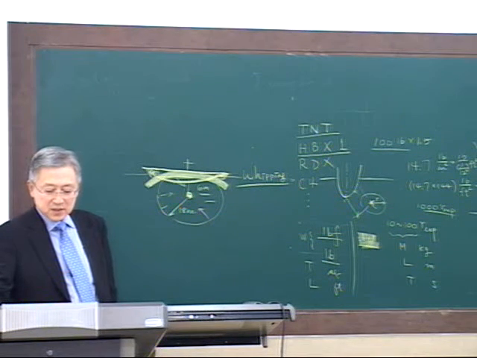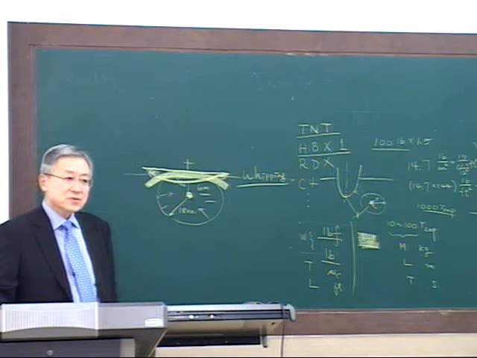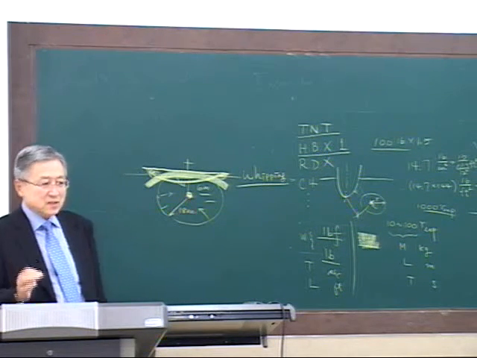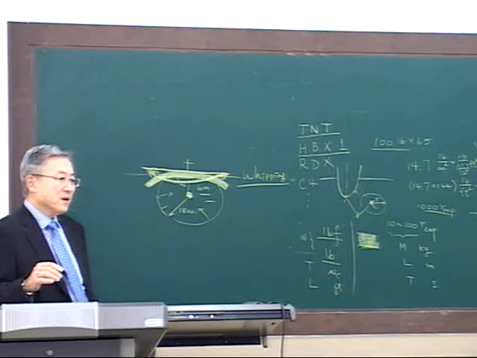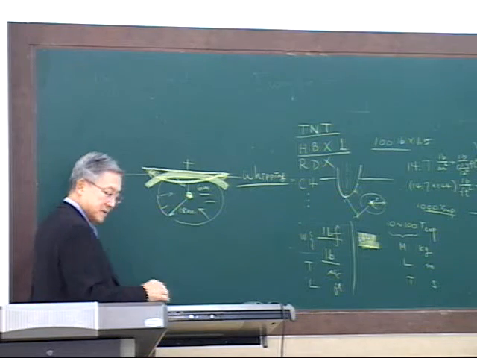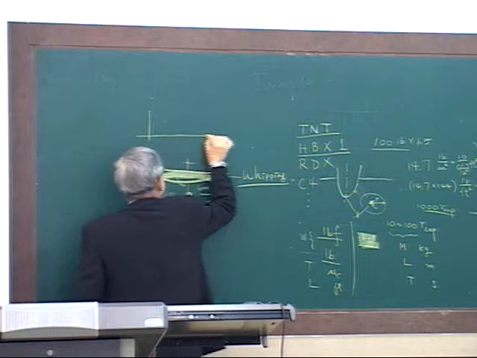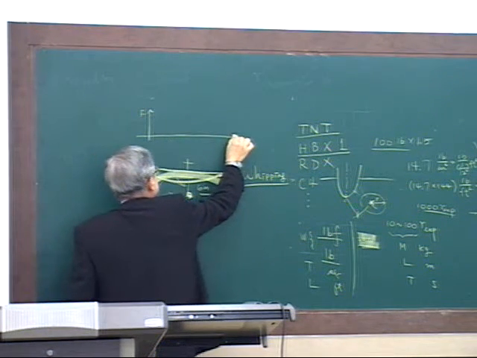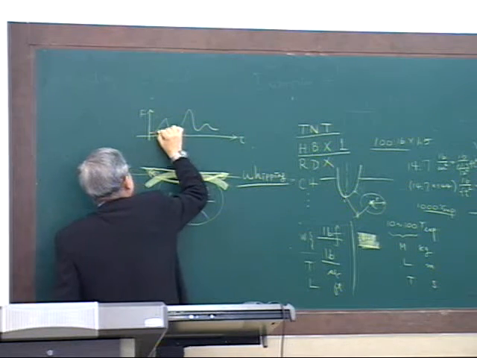Then the linear impulse is the change in momentum. You know that from dynamics class. What is the impulse? Impulse is the area under the force, right? Here this is the force, this is the time.